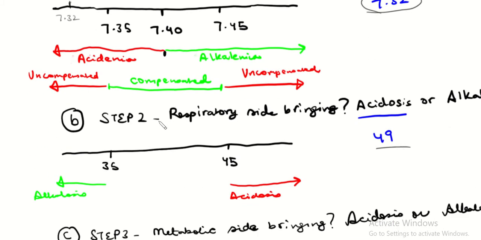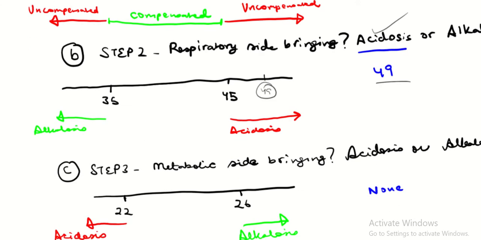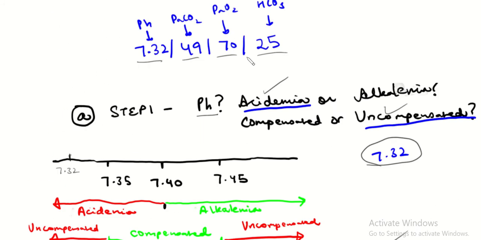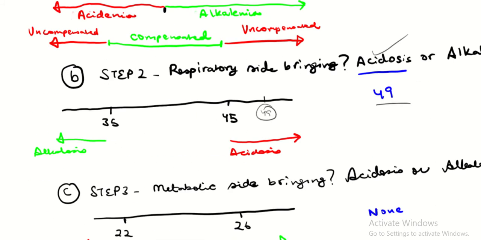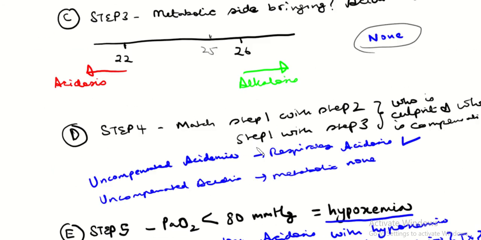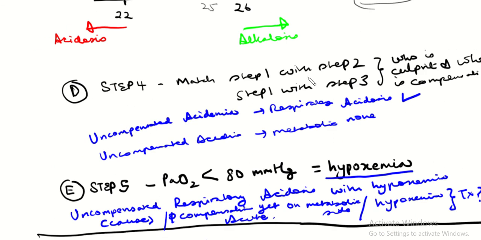PaCO2 is 49. Respiratory side is bringing what? 49 is above 45. Acidosis. Metabolic side is bringing what? Bicarb is 25. It's not bringing alkalosis and it's not bringing acidosis, so it's bringing nothing. Now, let's match step 1 with step 2.